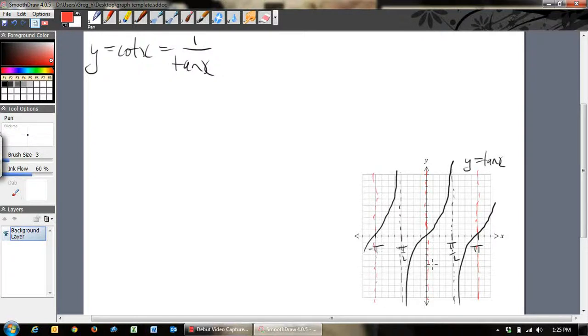We'll think about what happens as this line gets closer and closer to 0, this one gets closer and closer to infinity, and so it comes across like this. As tan x gets closer and closer to infinity, this line gets closer and closer to 0, so it comes across like that. This is a terrible drawing, I apologize. And then from here it goes back that way and goes to the asymptote.